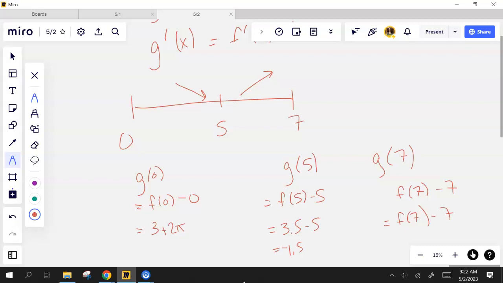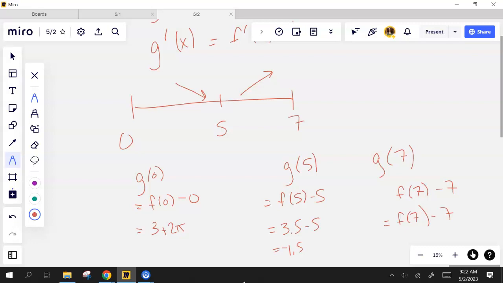Did we find f of 7? Can you find f of 7? I think we could. We'd have to go back and do what we did in part A for f of 7, right?